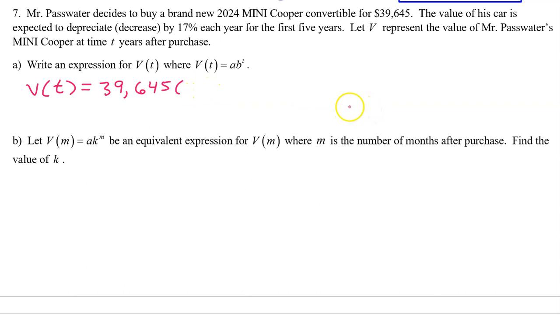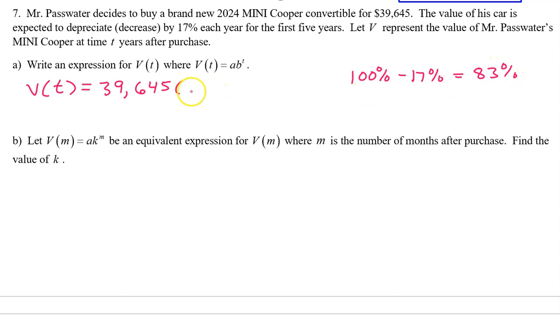I'm going to work that out over here. You don't have to show this, but in my mind, I think to myself 100%. And then because we are depreciating 17% each year, I need to subtract 17%. That is equal to 83%.